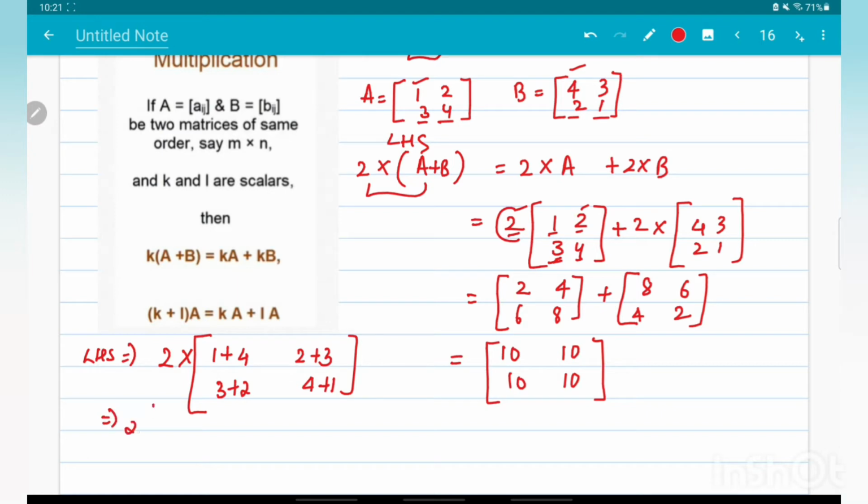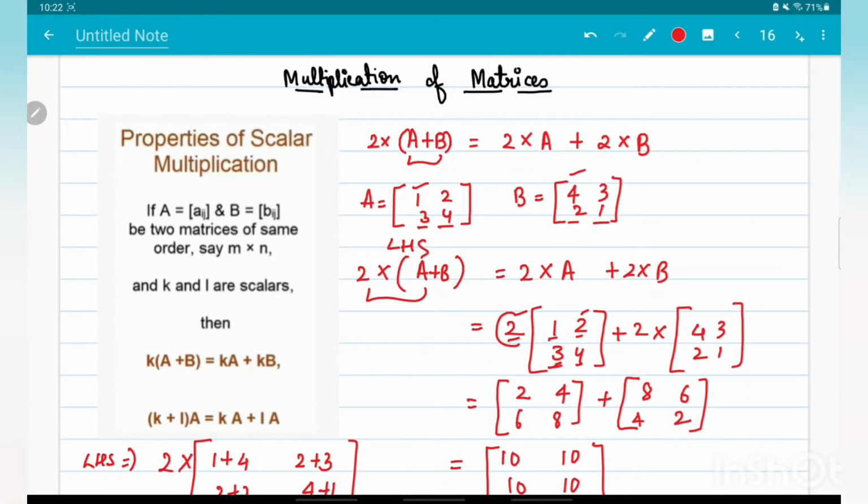So when I do this, what I get is 5, 5, 5, and 5. And when I multiply this 2 with all the elements of this final matrix, I get 10, 10, 10, and 10. Okay, this is my final matrix. So as you can see, the LHS is equal to RHS.